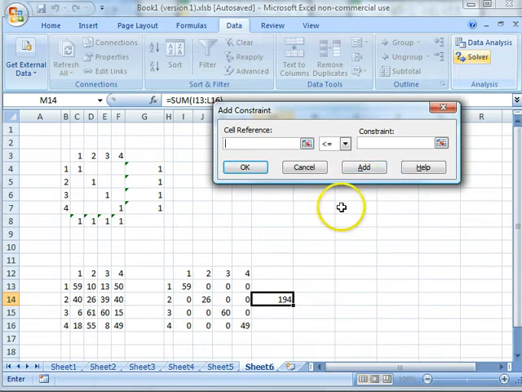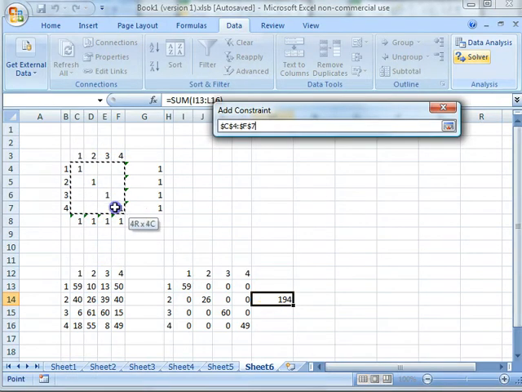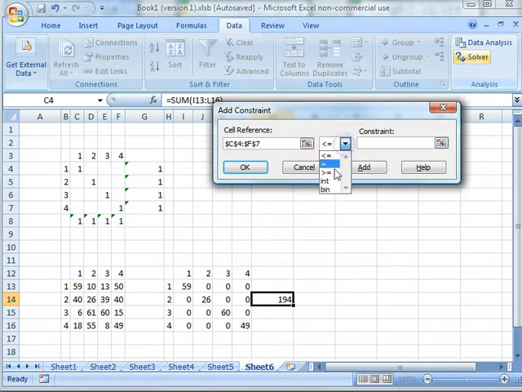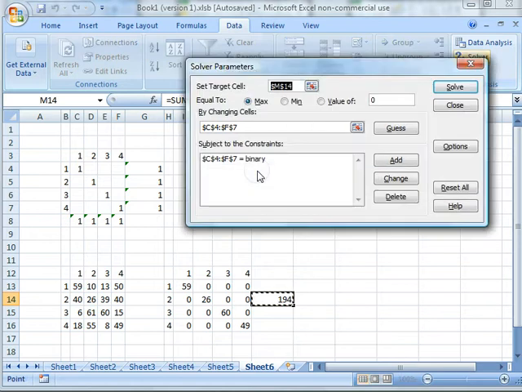First is the fact that these decision variables have to be binary. That is, they have to be either 1 or 0. Another constraint is that none of them can have more than one wife, none of them can have more than one husband, respectively. So we're going to add another constraint. I missed that.